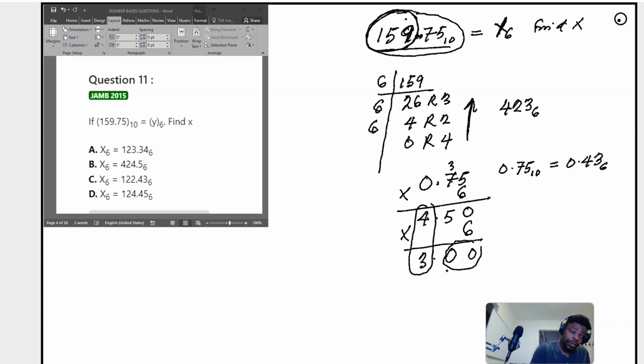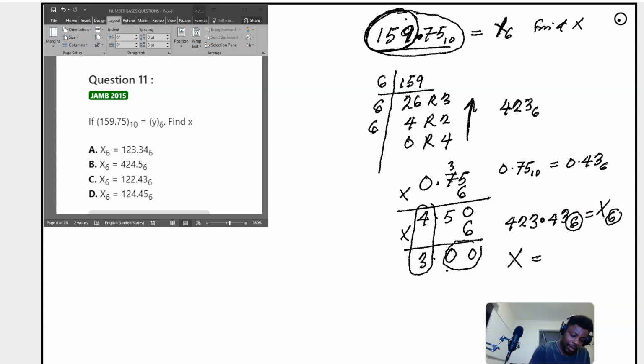So now the whole number part is 159, and we got 4, 2, 3 for that. Then the decimal part 0.75, we got 0.43. So that in base 6 is equal to x in base 6. Now the base here and the base here is equal.